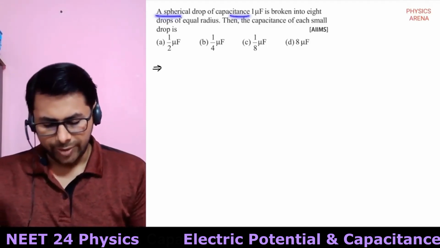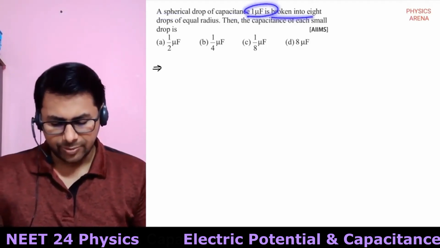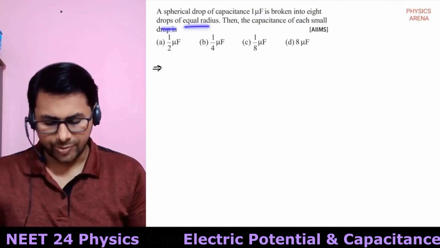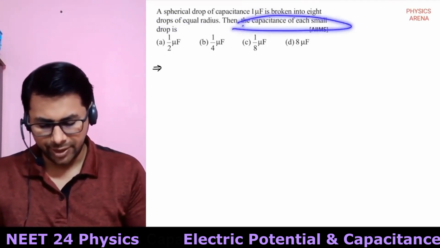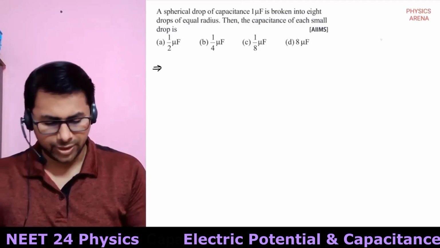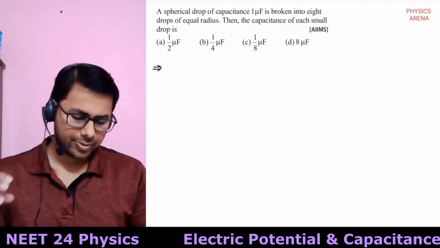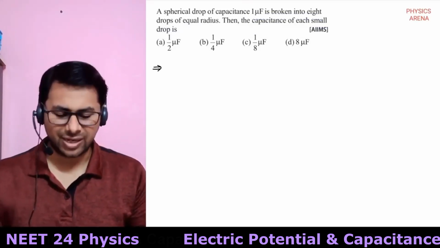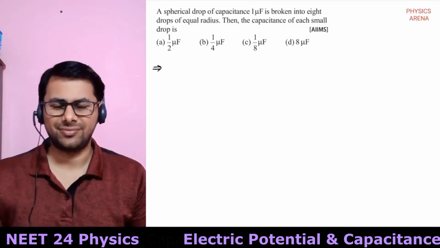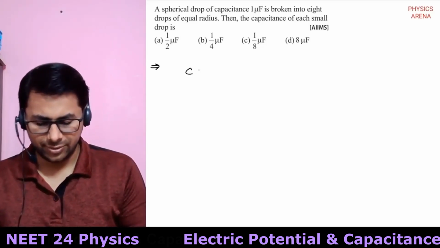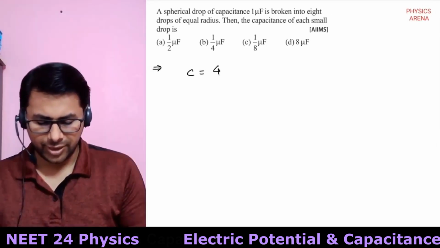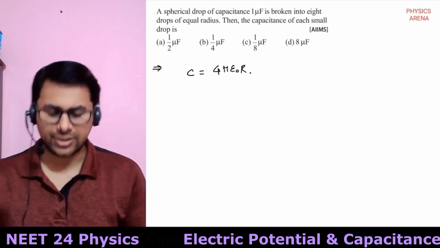A spherical drop of capacitance 1 microfarad is broken into 8 drops of equal radius. Then the capacitance of each small drop is? First of all, what is the formula for capacitance of a spherical capacitor? This is very simple: 4 pi epsilon naught r.